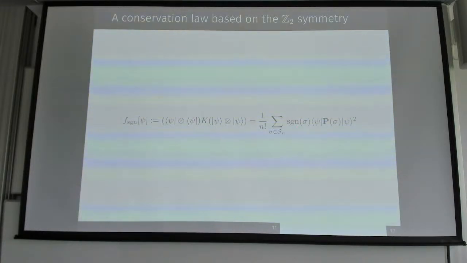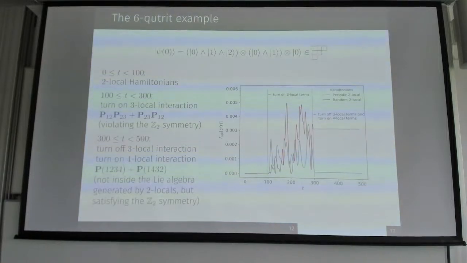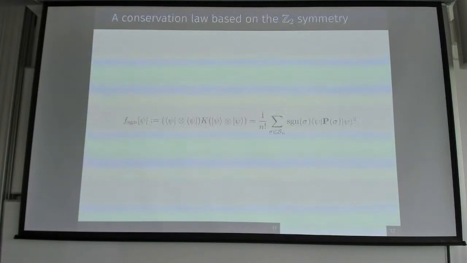There are some technical details here, but I just want to show you there is one, and this Z2 symmetry is, I think, very peculiar. We think it doesn't have a unitary or anti-unitary representation on the Hilbert space, but it is antilinear on the operators.